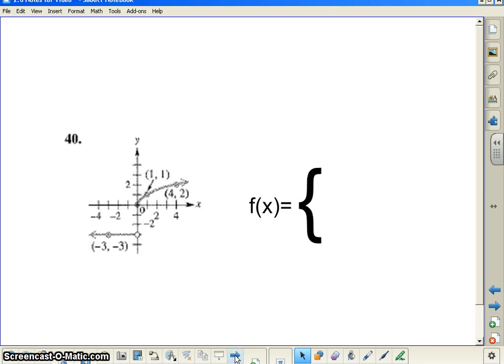All right, this next example here, we're going to do the same thing again. We're going to look at the graph and decide what the function is. This looks like the square root of x. So my function is going to be the square root of x if x is a number equal to 0 or greater than 0.